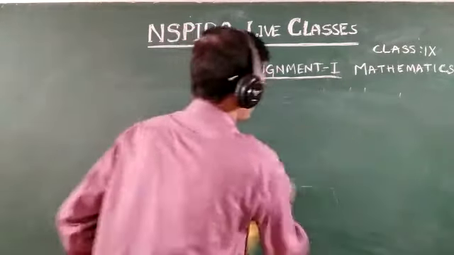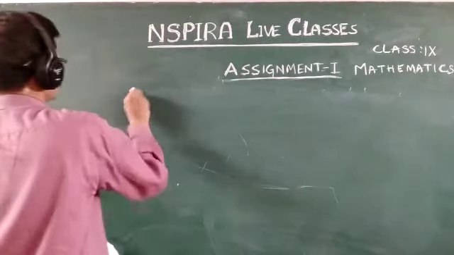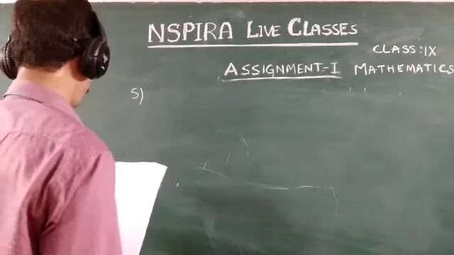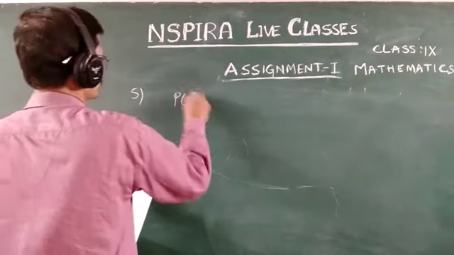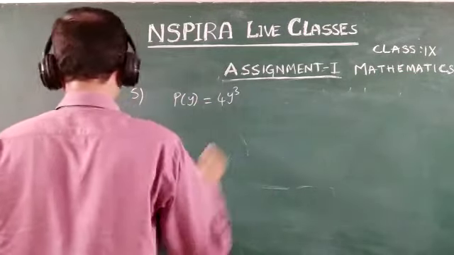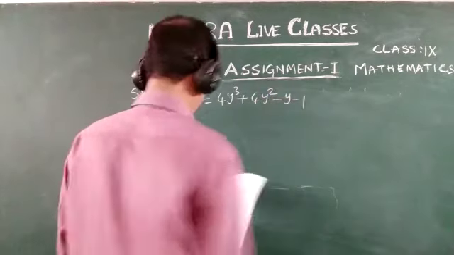Now see the fifth one. Check whether the polynomial is a multiple of 2y plus 1 or not. P of y is equal to 4y cube plus 4y square minus y minus 1.